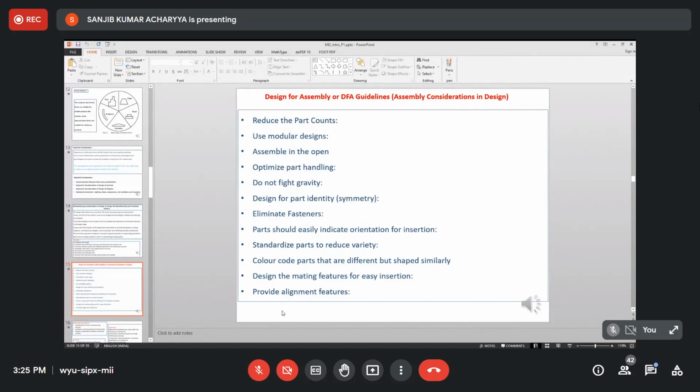If variety is wide, difficult for maintenance, difficult for inventory, difficult for assembly, because in that case 15.6 diameter bolt is to be inserted into a proper place. But if all the bolts are of 16 millimeter, it doesn't matter which bolt you are taking to fix in which position. So minimizing the variety is always advantageous, and by standardization, a designer can minimize the variety, and designer should adopt it. Designer should follow it. Is it clear?